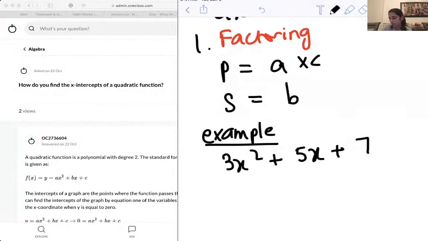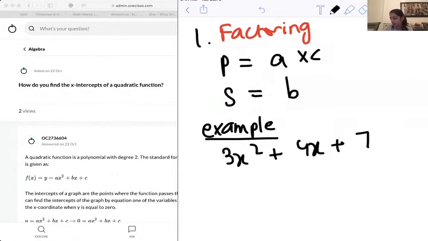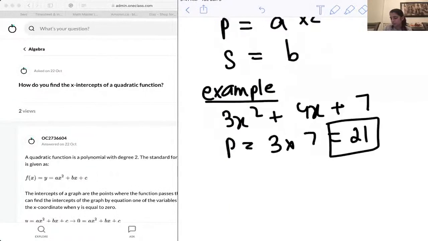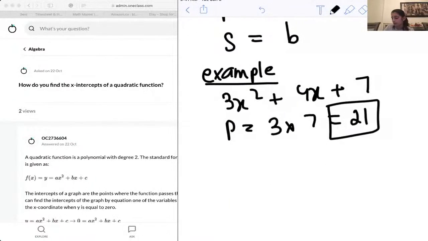Sorry, let's make this 4. So we have to find a product whose multiple is 3 times 7, which is 21, and a sum of 4.